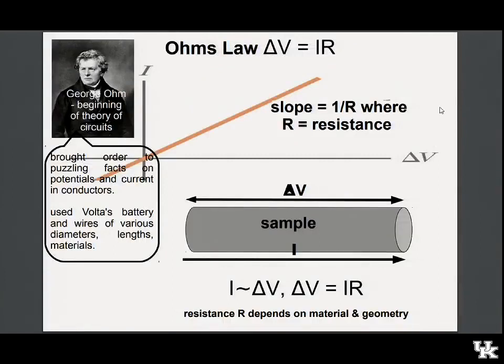George Ohm. Ohm's law is named after George Ohm, and it was really the beginning of a theory of electrical circuits. Up until George Ohm, the idea of electrical circuits and how voltages and currents were related to one another was a complete mess, and he got it all organized. So here's Ohm's law as an equation.